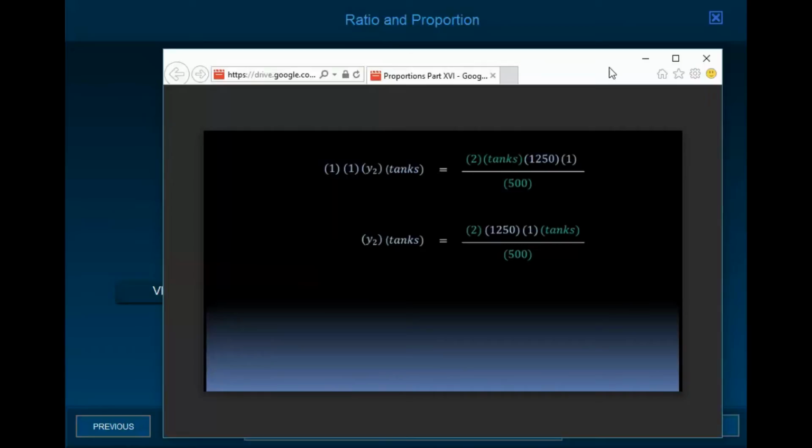We can go on with our calculating using our calculator. 2 times 1,250 times 1 over 500 calculates to be 5.